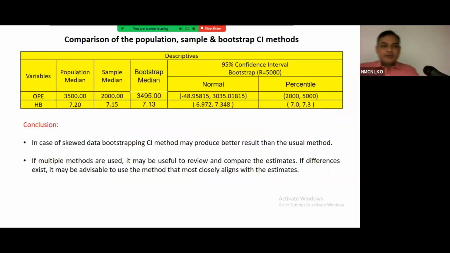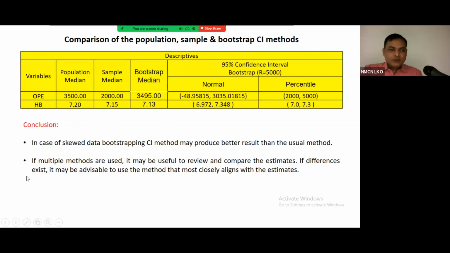Here is the overall comparison. Here the population median of the out-of-pocket expenditure is 3,500, and the sample median comes to 2,000, while the bootstrap median is 3,495 rupees, and their 95% confidence interval we have presented here. Similarly, for hemoglobin, the population value is 7.2, the sample is 7.15 and the bootstrap is 7.13.